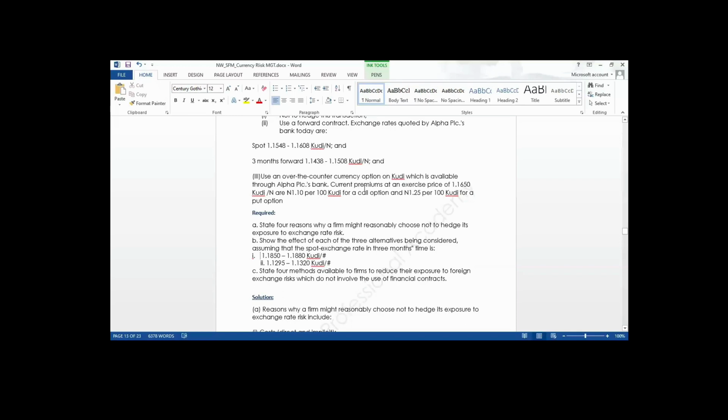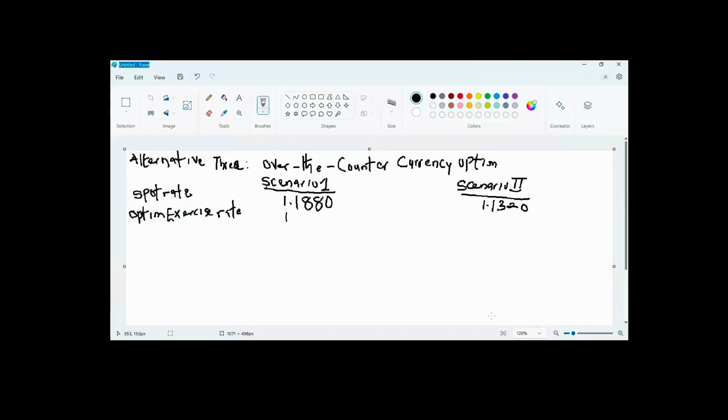Current premium at an exercise price of 1.1650 Kudi to Naira. I'll pick the exercise price 1.1650. Whether scenario 1 or scenario 2, the exercise price is the same, 1.1650.